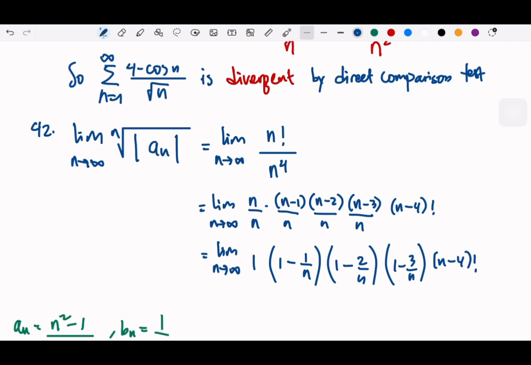Then you could write directly here it's divergent because the factorial is much higher, and this makes the series diverge. You could also show that it has some convergent values here, but then it's going to diverge. So the series is divergent by the root test.